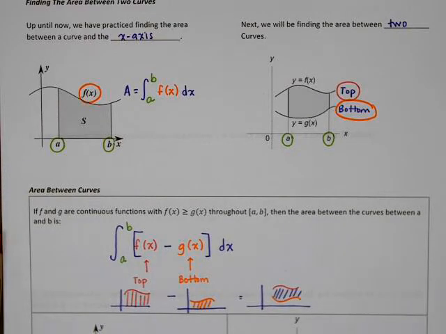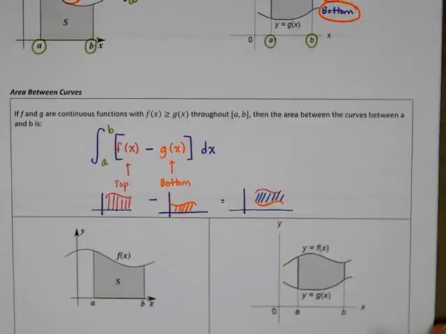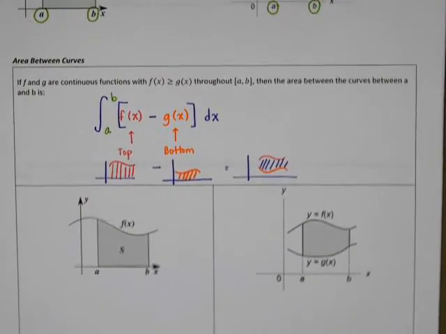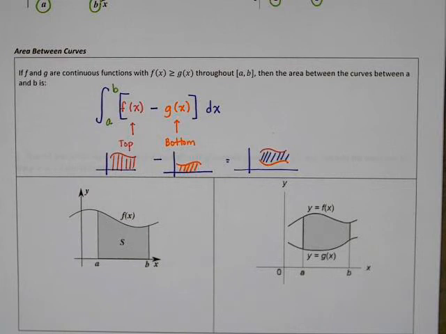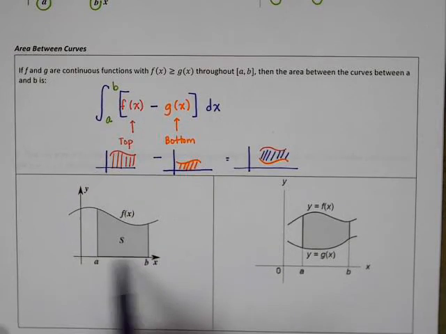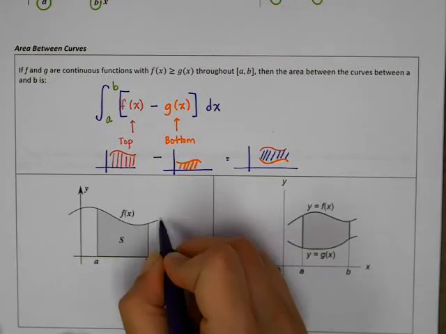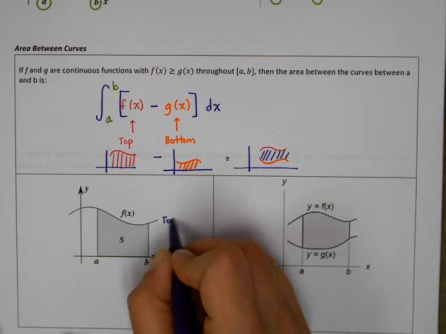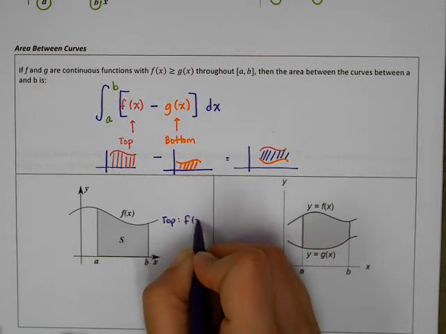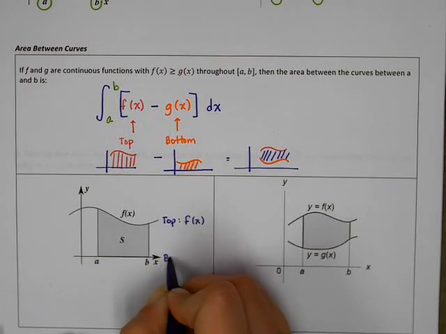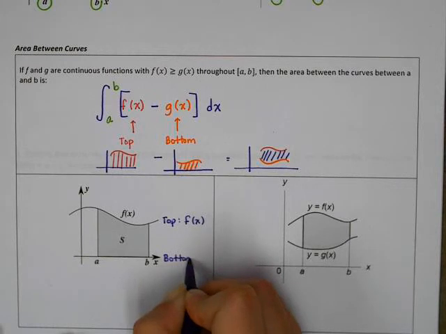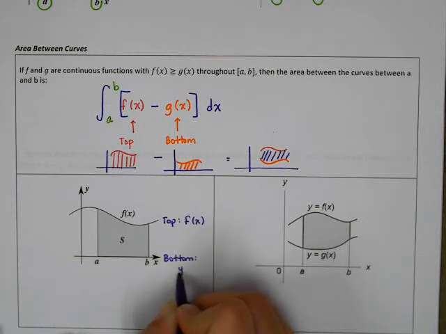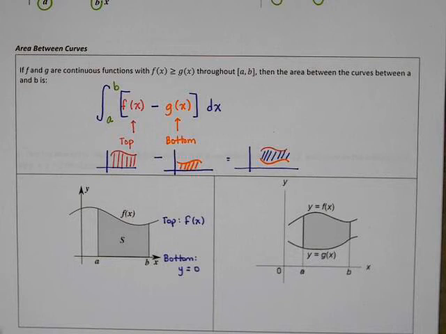So, how would you set up the integrals for these functions? Well, you might be wondering, why are we just bringing up this whole top function and bottom function thing now? The reality is that in previous problems where the bottom was always the x-axis, the top function would be f of x, but the bottom function would just have been y equals 0.